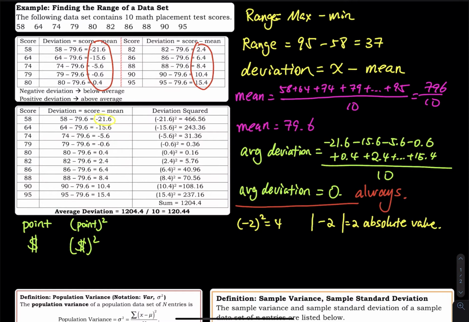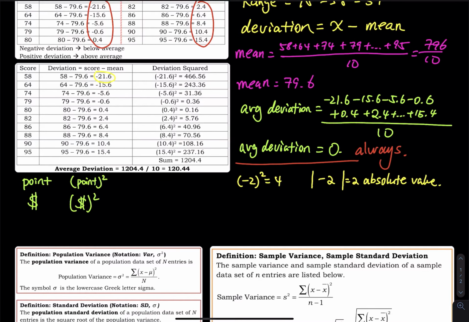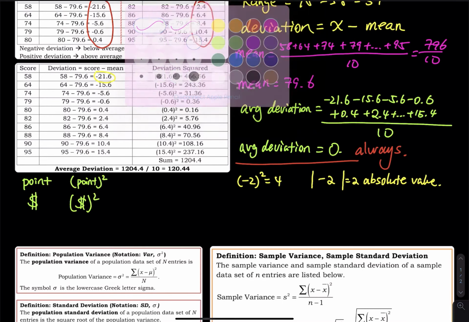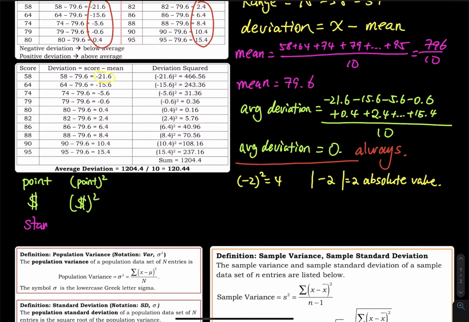So there is only one way to get rid of the square, which is taking the square root. When we take the square root, we have a standard deviation. So standard deviation is taking the square root of 120.44.